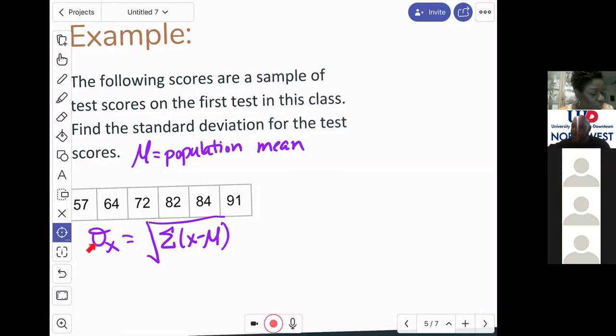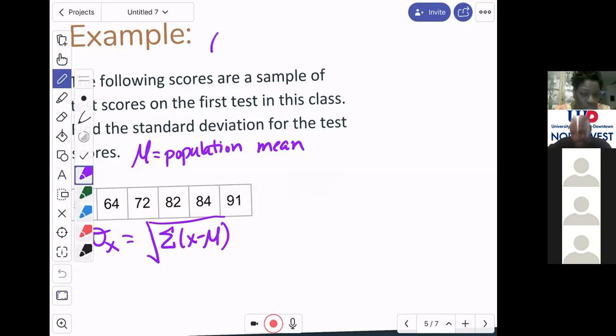When we talk about a population value, generally speaking, these population values have Greek letters. So when you start to see Greek letters popping up as values, that means they're population things. All this is saying is x minus mu. These are your x's, and you're subtracting them from the mean. And remember, when we calculate x minus mu, this is called a deviation.